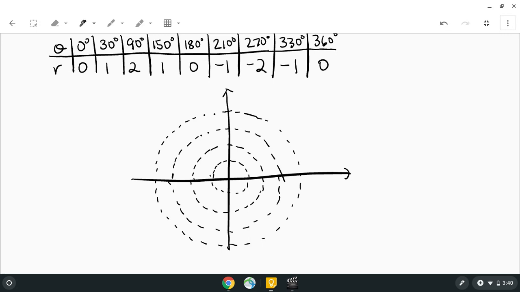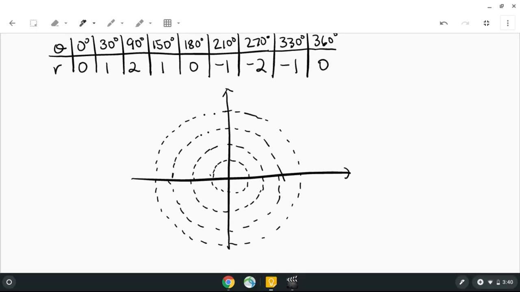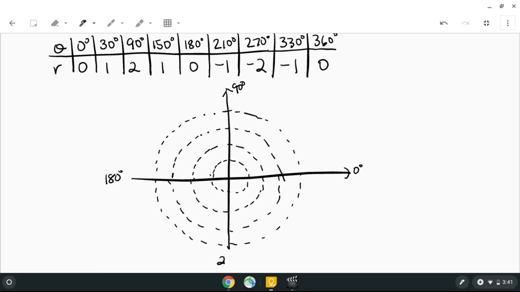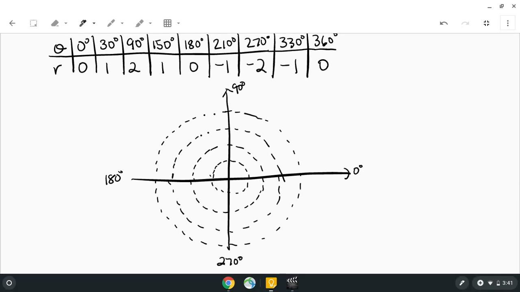Okay, so let's go ahead and plot those points. Again, here's 0, 90, 180, 270, 360, back to 0. All of the angles that I picked have reference angle 30 degrees, so we're not going to be too far away from the x-axis.